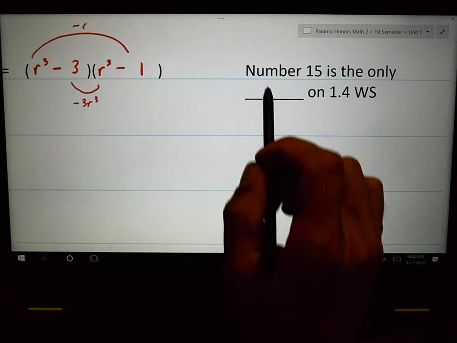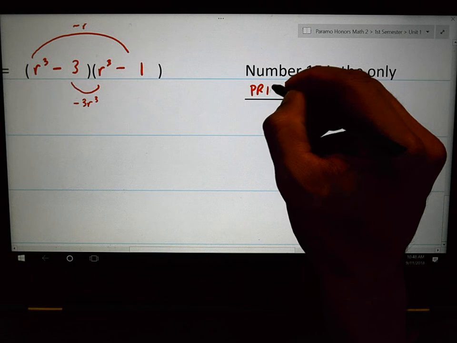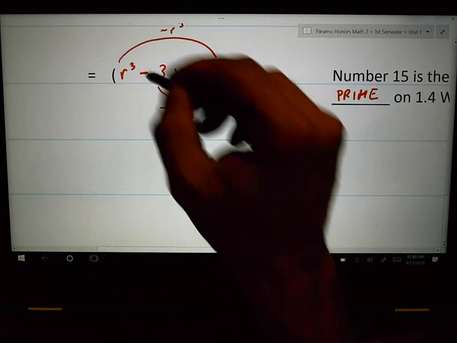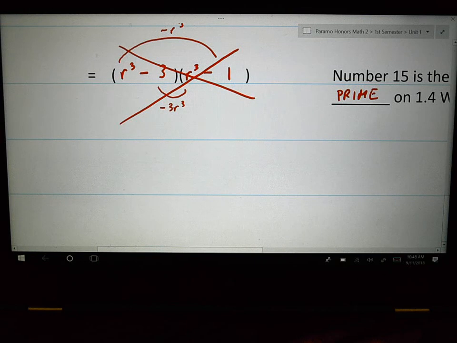Number 15 is the only prime on 1.4's worksheet. Prime means you can't factor it. Prime means this does not work. You cannot turn this into multiplication.